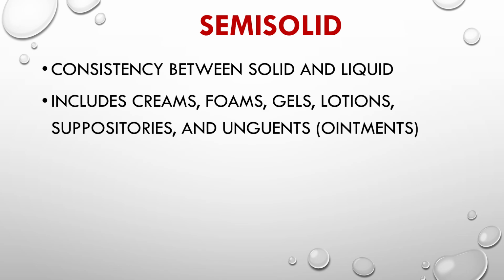So again, they still kind of have a shape, but they're a little more fluid, so they can take on a few different shapes. So viscosity becomes a term here, and that's just the thickness. So if we're thinking about a cream, those are still pretty thick, or a suppository, pretty thick. But like a gel is a little bit more liquidy, so it's less viscous. That's not as thick as some of the suppositories or our creams would be.